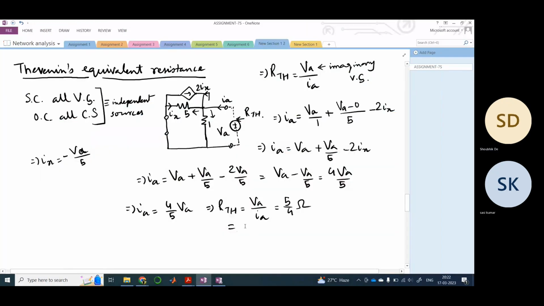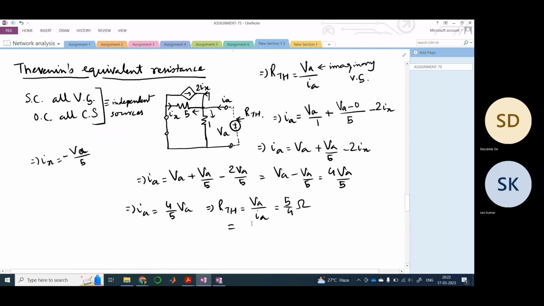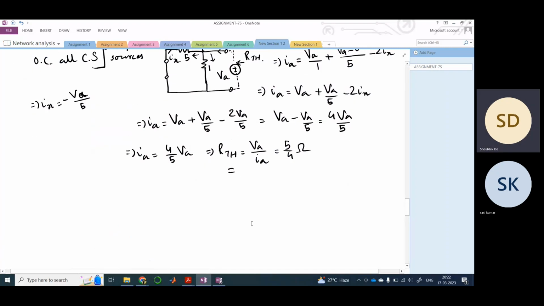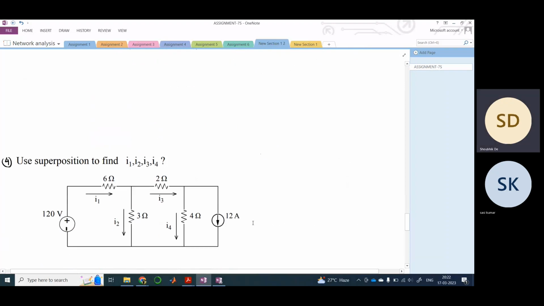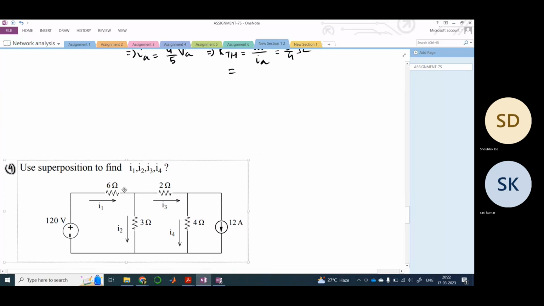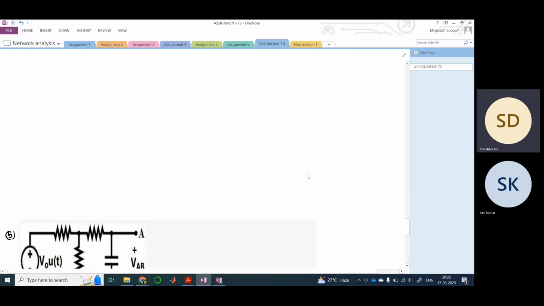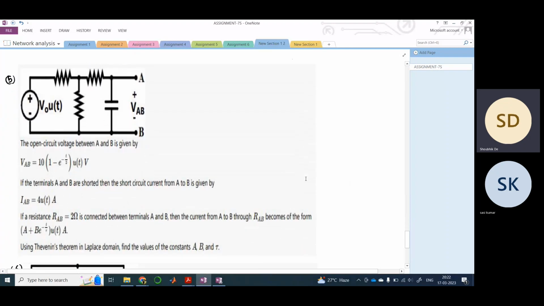So yeah, I hope this is clear, right? So we will probably be looking at one last problem for the day, because I know it's already overloaded. So we will be looking at one last problem, a superposition problem here.